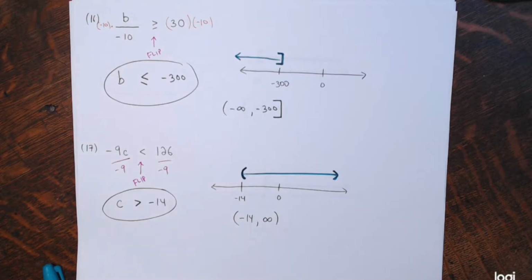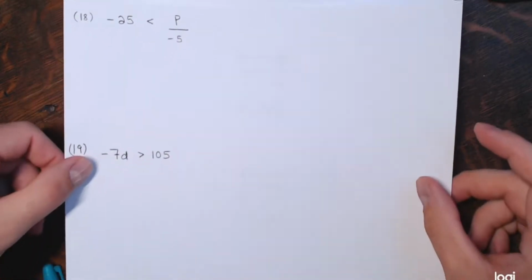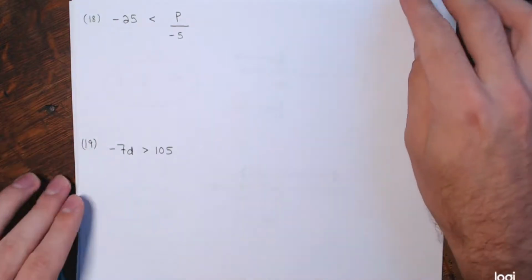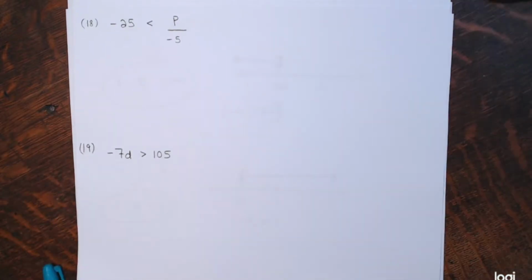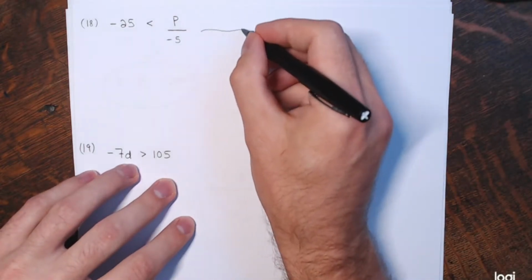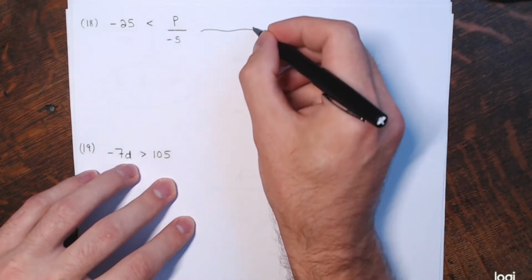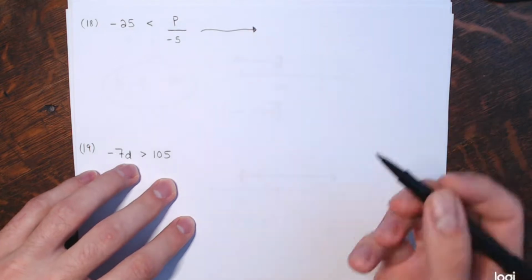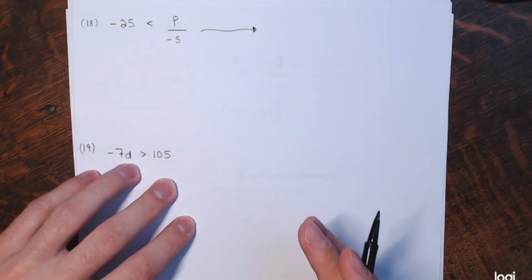All right, just a few more here, and all very, very similar. Number 18 here. As I mentioned several times now in this video, I prefer having my variables on the left side of an inequality just to make the graph a little easier to draw.